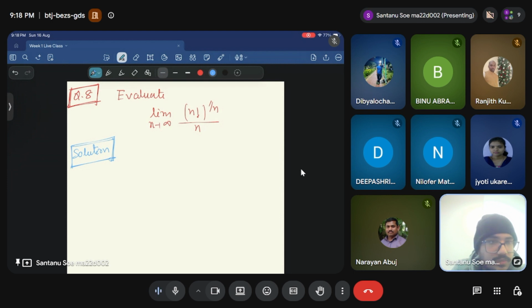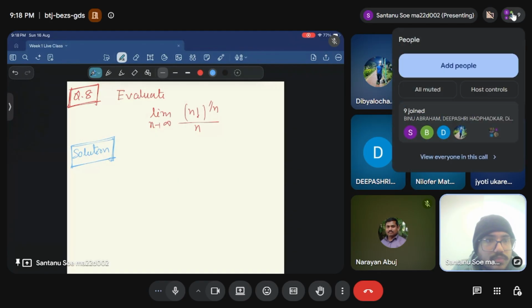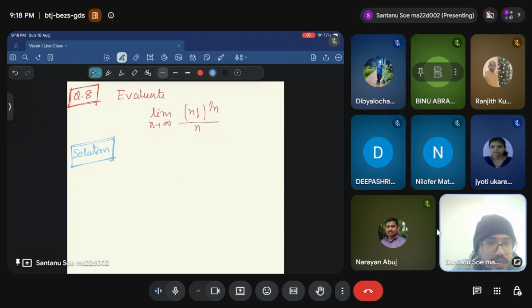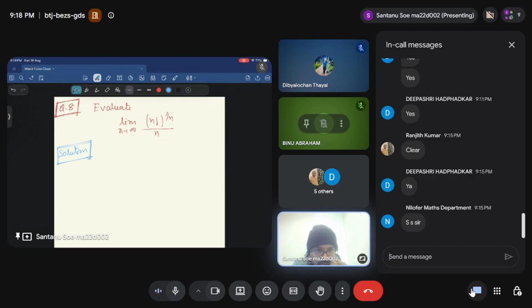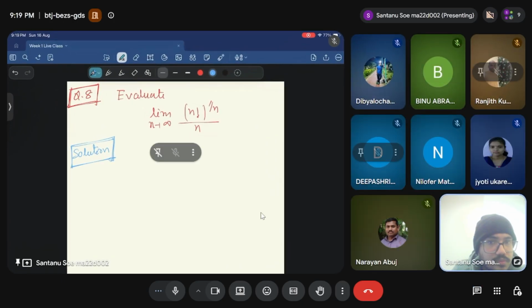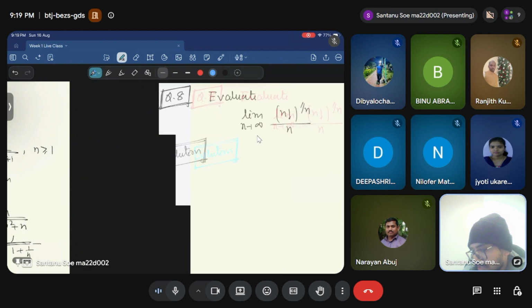Yeah, anyone? Any solution do you guys have? You can just comment on the chat if you think any number can be an answer for this limit. So let me go to question number 6.